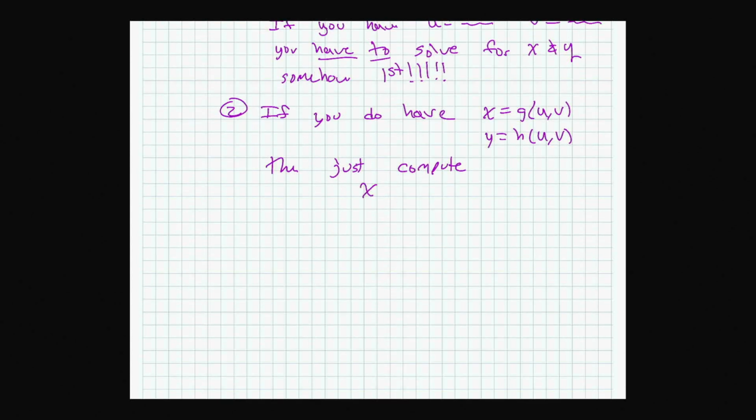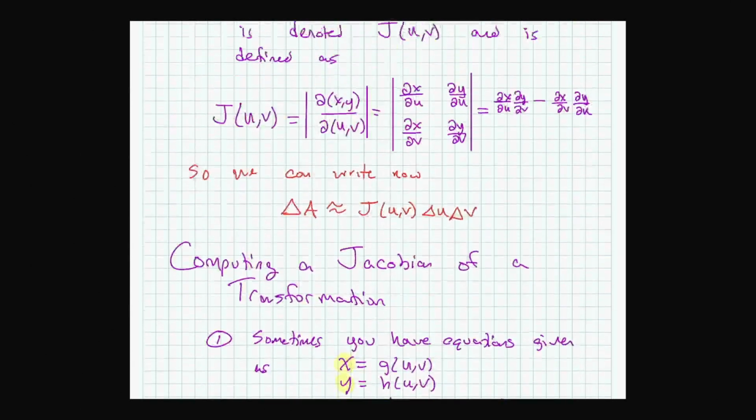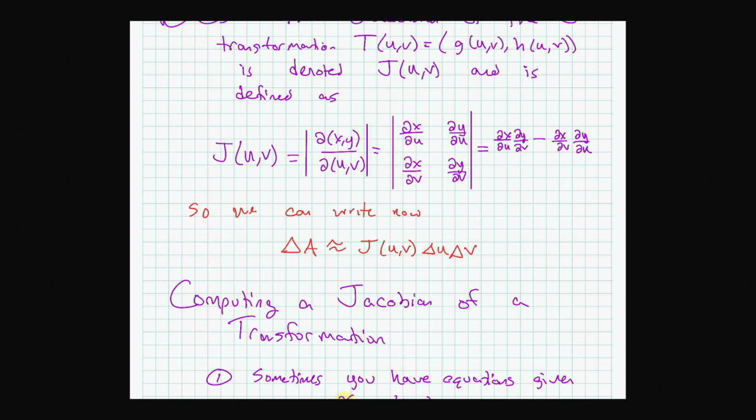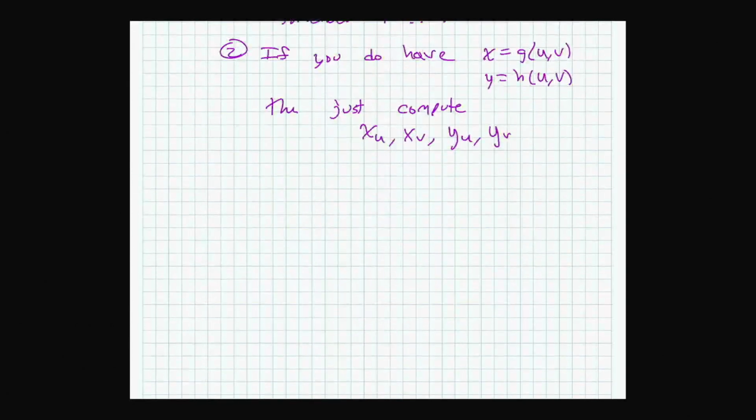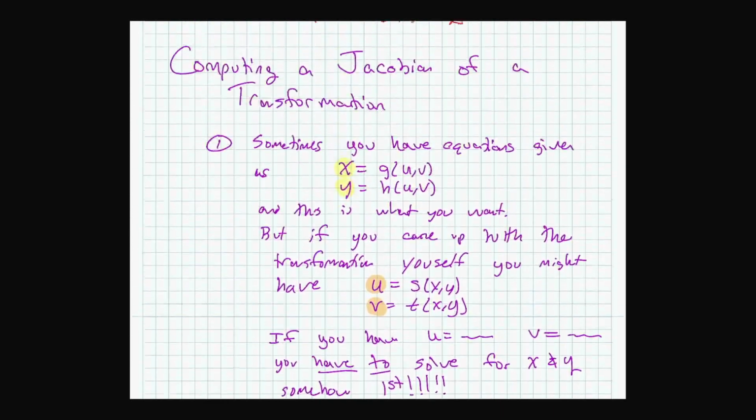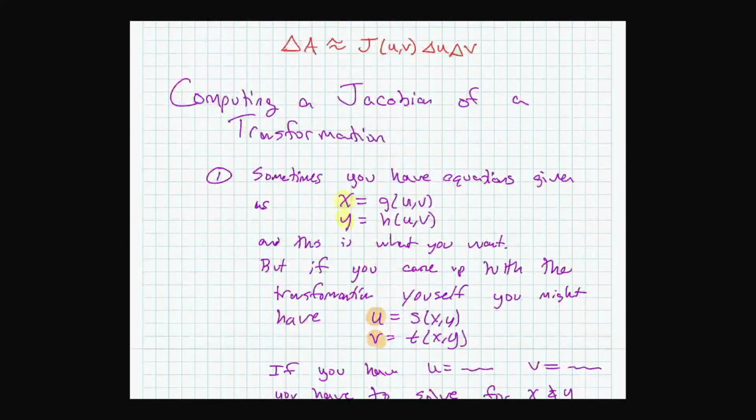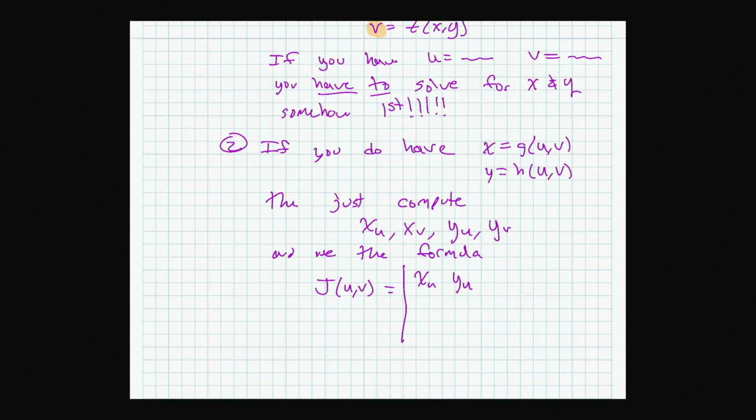You need x_u, x_v, y_u, y_v, and you plug those into the Jacobian formula here. J of u, v was this determinant. So it was x_u, y_u, x_v, y_v.